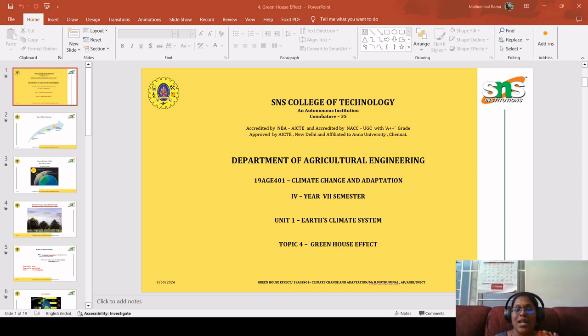Similarly, of the incoming solar radiation, 19% is absorbed by the clouds in the atmosphere, and the remaining 30% is radiation reflected from the clouds, atmosphere, and earth surface, as shown over here.